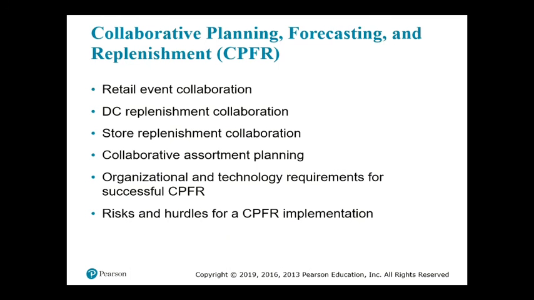And additionally, within implementing CPFR, we may also see risks of information misuse. So, for example, this is more of a concern when there is collaboration between competitors in the same category.